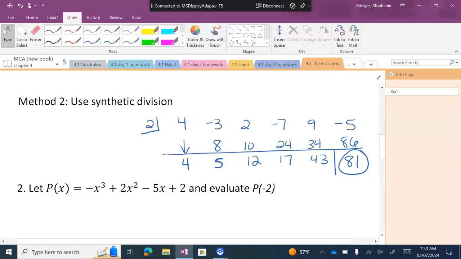So take away that where it says answer. Just delete it out.